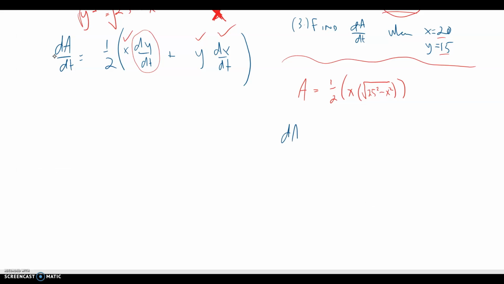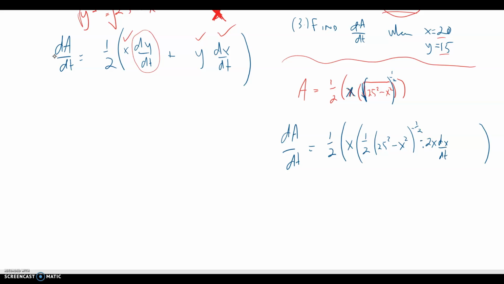So now I can suffer through the calculus piece. This would be a 1/2 power, so I'm going to have to do the product rule here. Leave x alone, take the derivative of this thing: 1/2, 25 squared minus x squared to the negative 1/2, times the derivative of the input function with respect to time, so that should just be 2x dx/dt, and that's got to be negative.